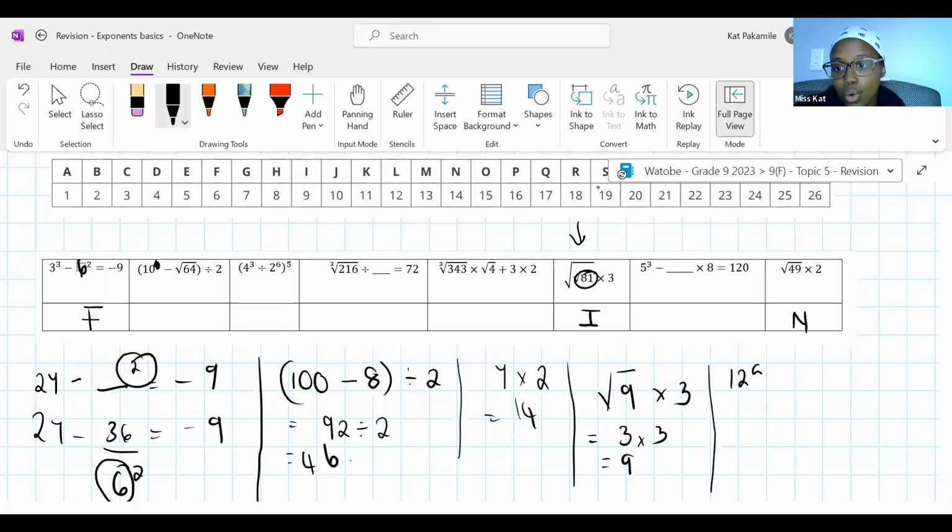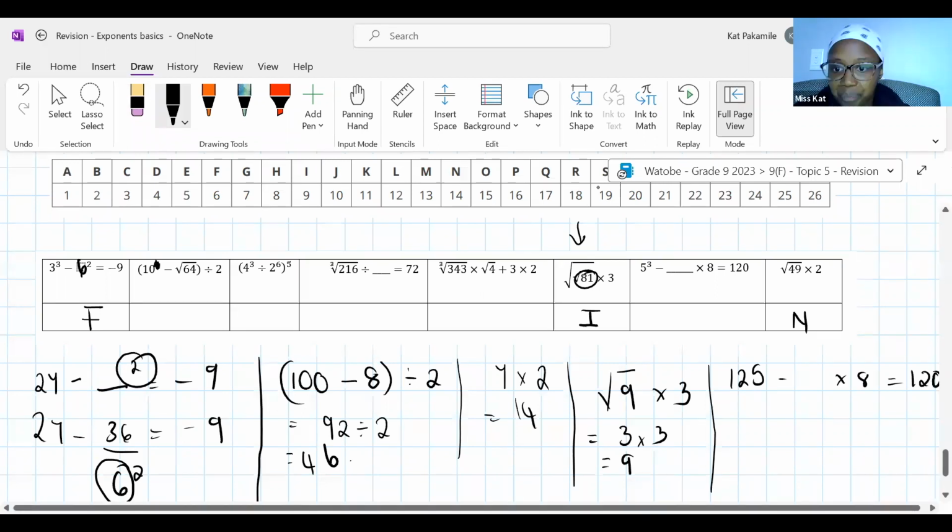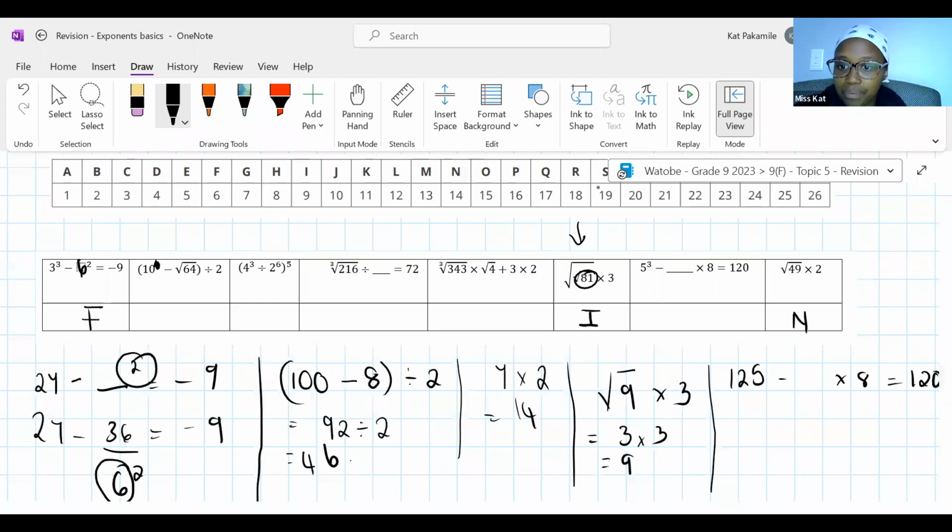It has to give you 120. Now, if you take this one over, what times 8? What do you have to minus here? It is supposed to be a fraction, guys.